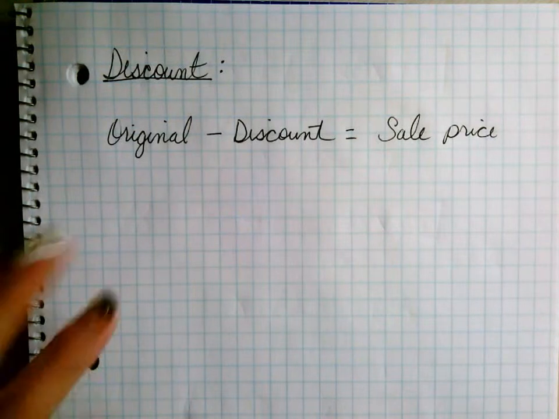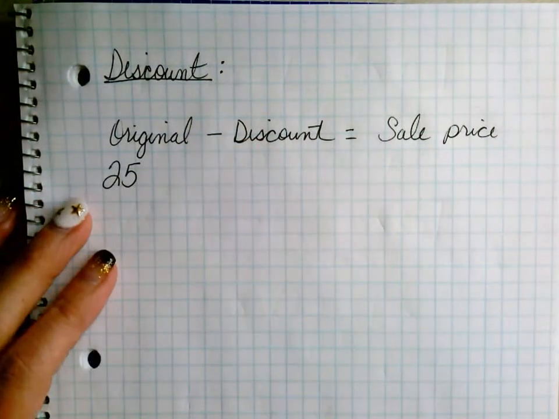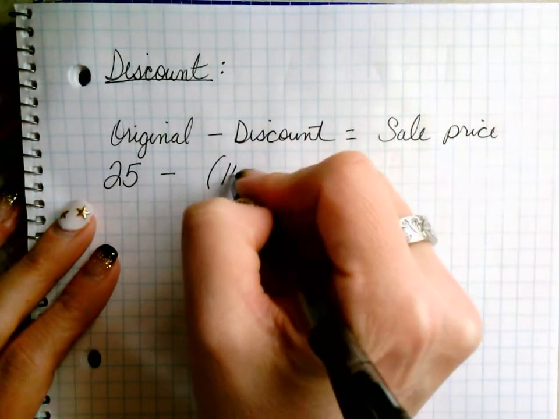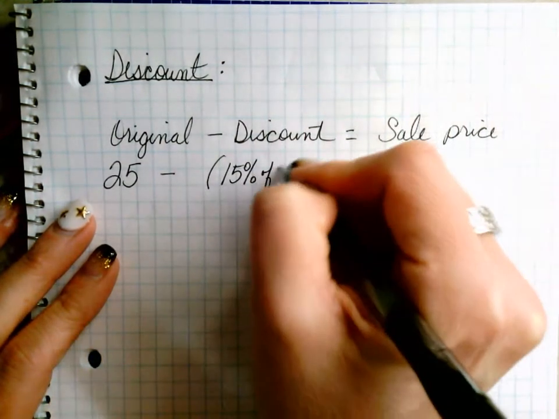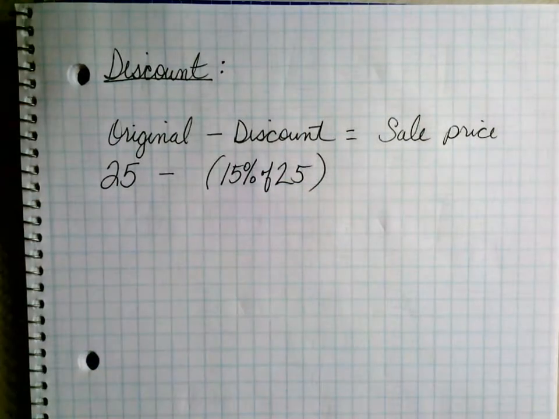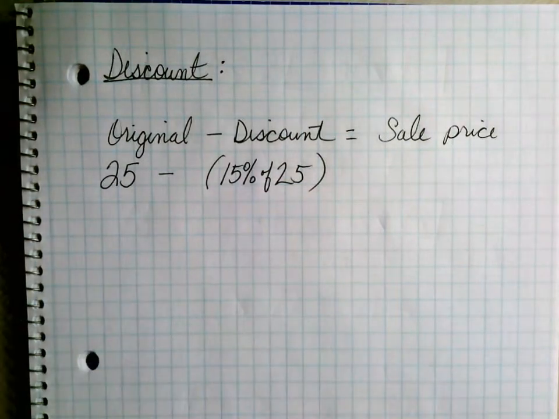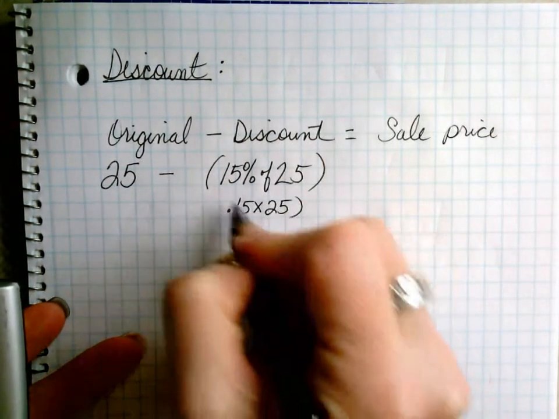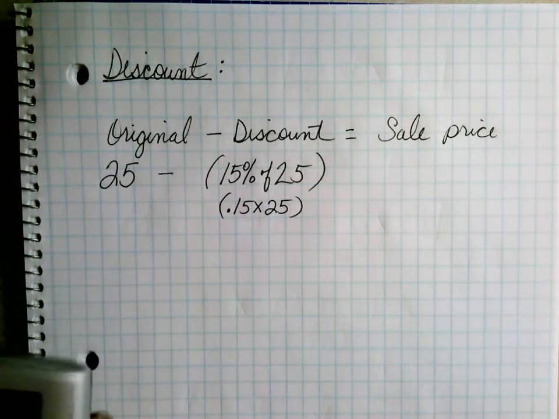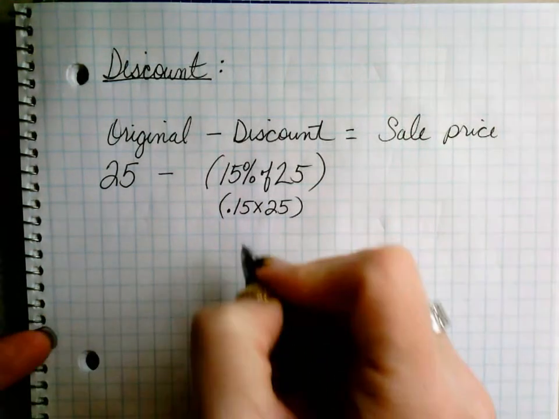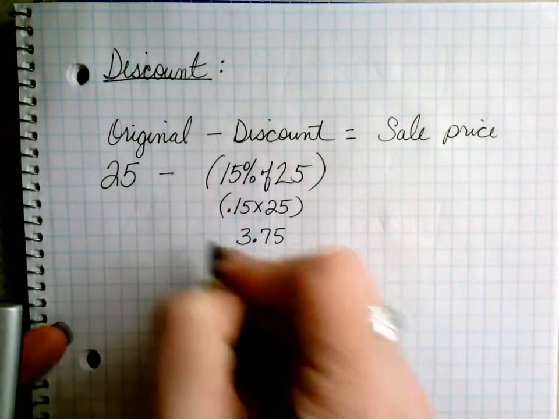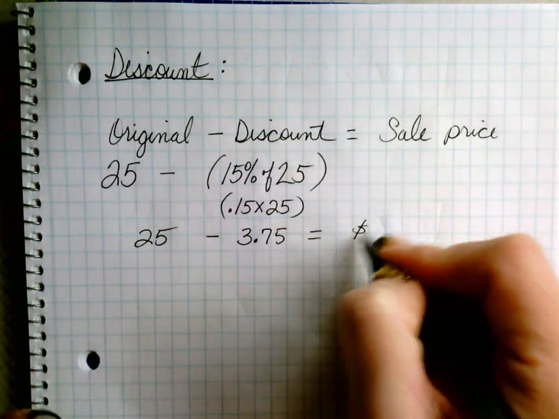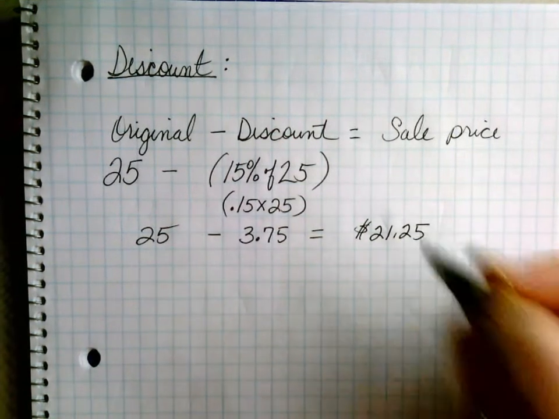So, using this method, $25 is the original, right? The discount is 15% of 25, right? To solve what 15% of 25, it's 0.15 times 25. 0.15 times 25. 3.75, does that look about right? Yeah. So 3.75 subtracted from 25, and you should have ended up with a new price of $21.25.